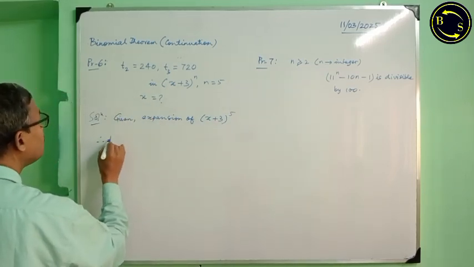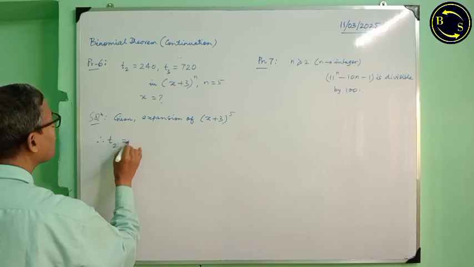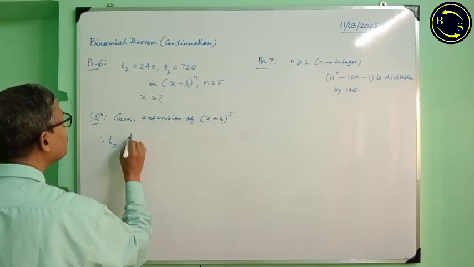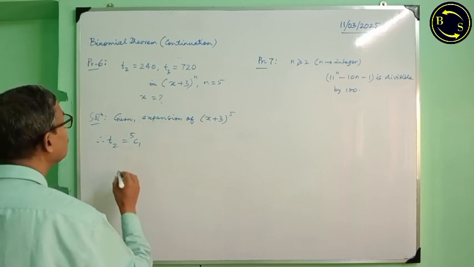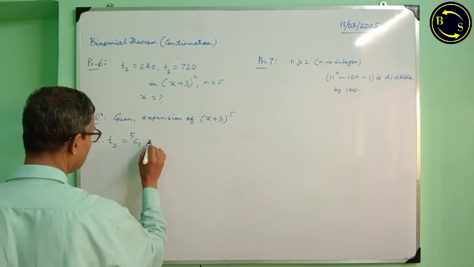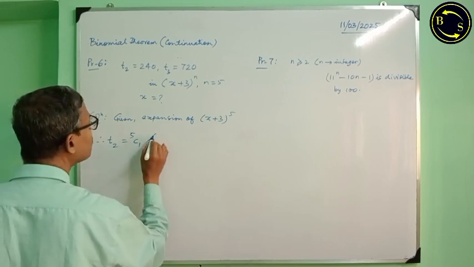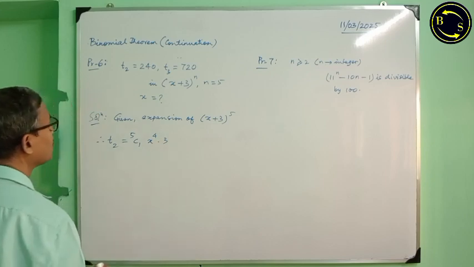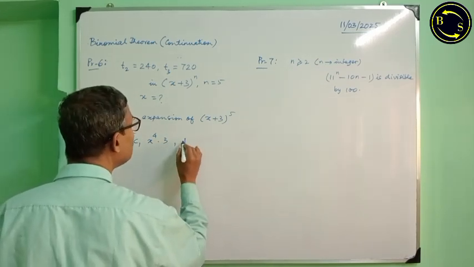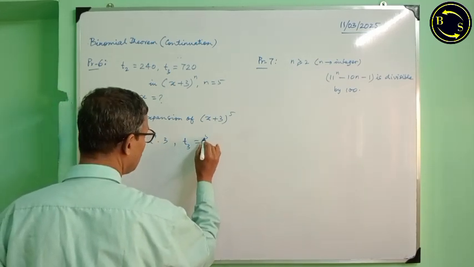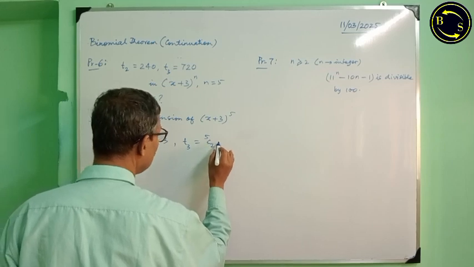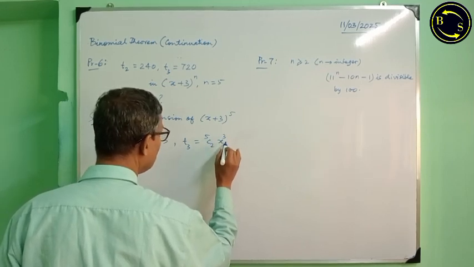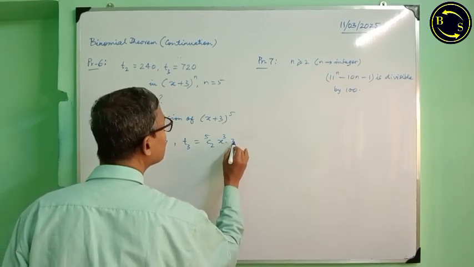Therefore, T2 is 5C1 x to the power 5 minus 1, that means x to the power 4, into 3, and T3 is equal to 5C2 x cube into 3 square.